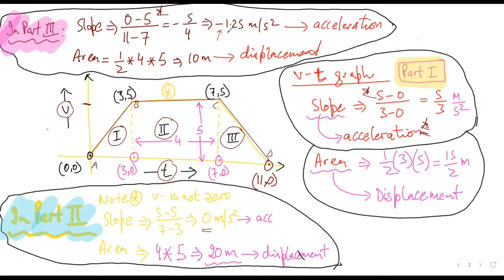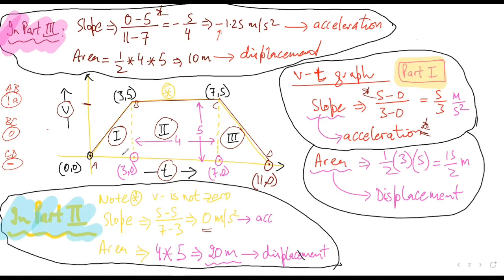So specifically what is happening for this body is that in AB, the acceleration is positive. In BC, the acceleration is 0. In CD, the acceleration is negative. Are we clear about this? Yeah. All this information we have been able to find from the slope of these three lines. Positive acceleration, zero acceleration, negative acceleration. Are we clear? Okay.